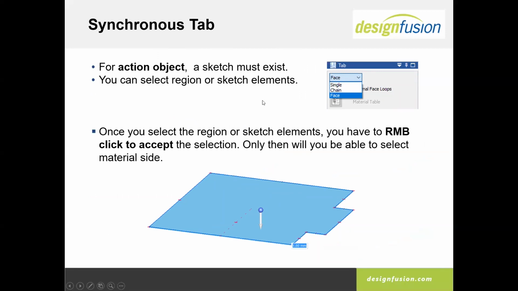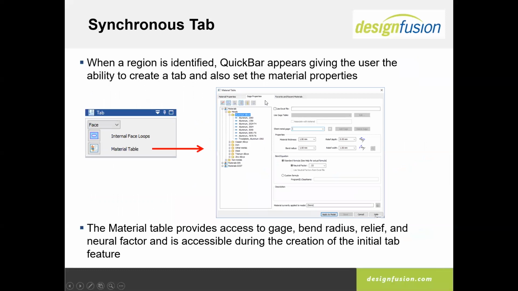The other nice thing to recognize here is that when you select on the tab command using either method, we have a link right to our material table in the tab command, so you can adjust your gauge properties if you forget to do that before you start the tab command. So in terms of the gauge properties, they're identical to what we have in the ordered.